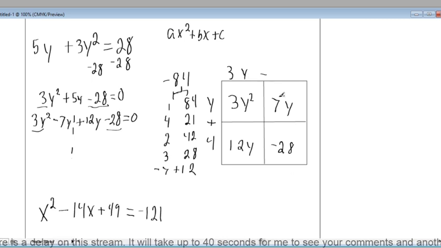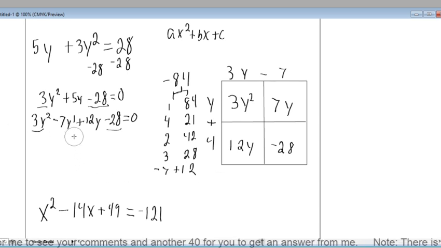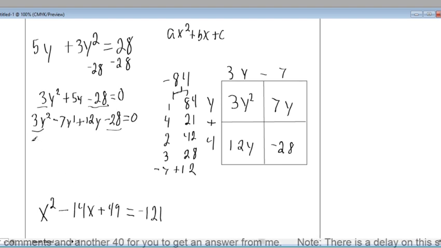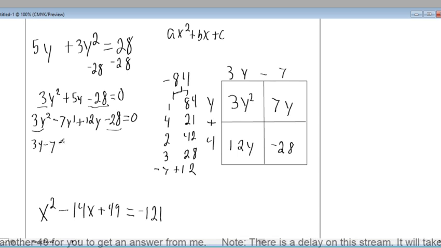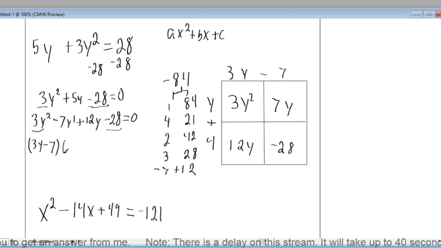This column here, they both have 7. So, our factored form comes out to be 3y minus 7 times y plus 4.